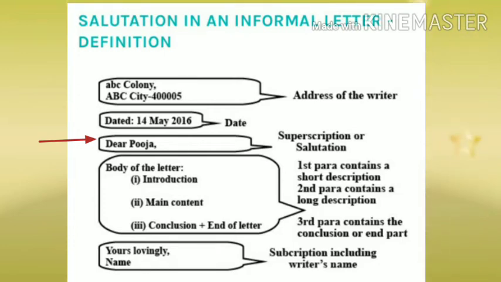Since informal letters are addressed to our friends and family, we can use dear as the salutation along with the name of the person, or use the name that we refer to them by. For example, dear mummy, if we are writing to our mother. Is that clear? Okay.